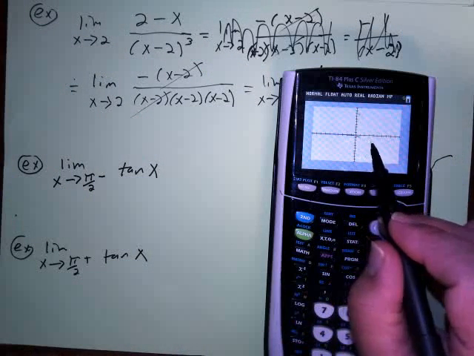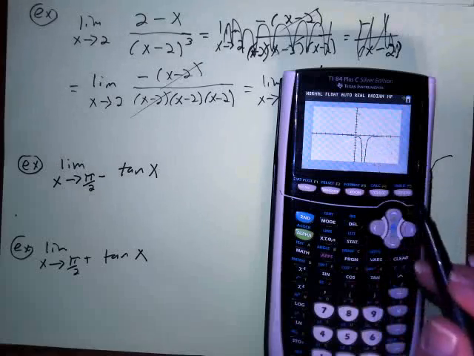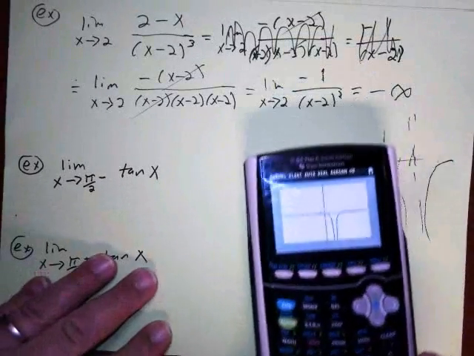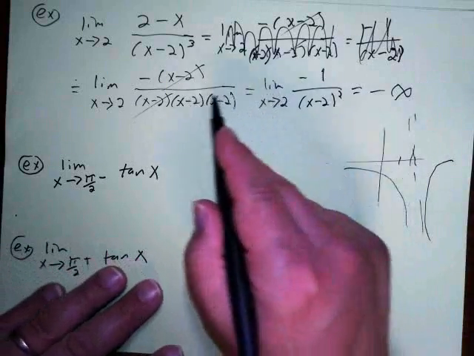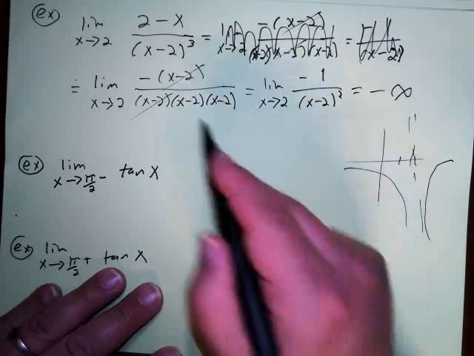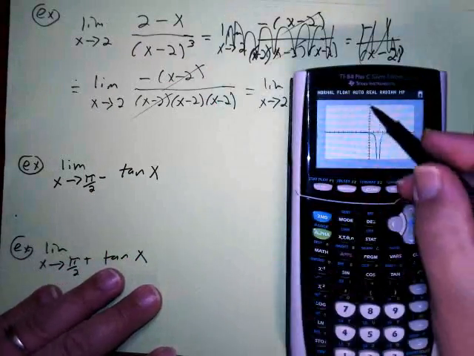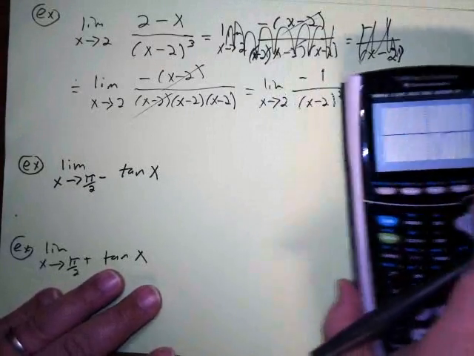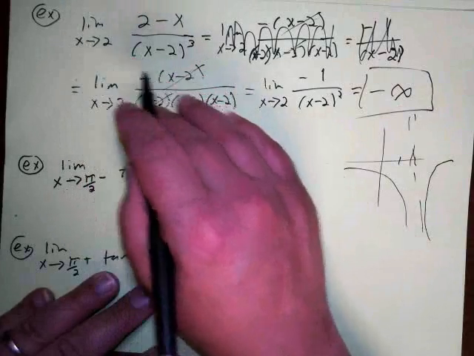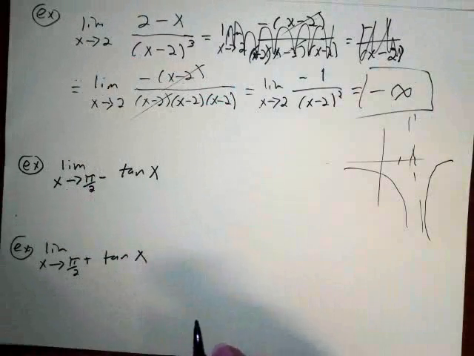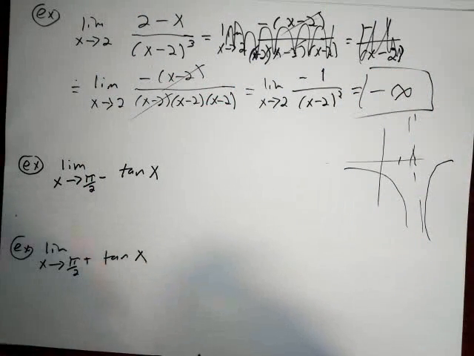So here it's coming and it goes down. So you see both ways it goes to negative infinity. So here both one-sided limits go to negative infinity. So if I approach from the negative side, it goes to negative infinity. I approach from the positive side, it goes to negative infinity. And so the actual limit, which considers both sides, is negative infinity, and it exists.